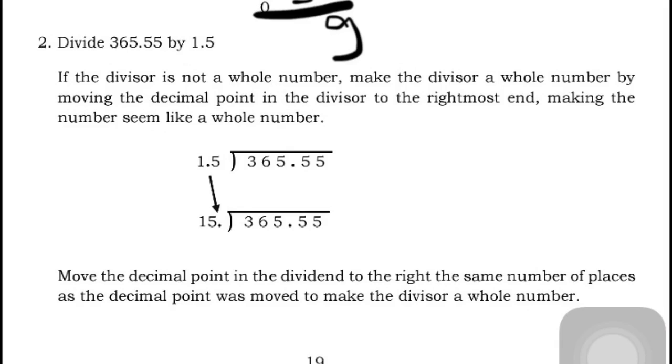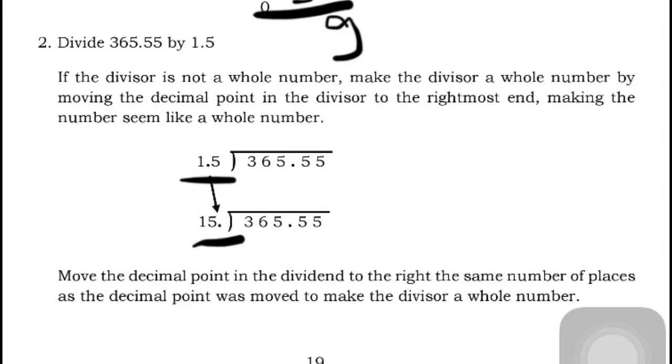Then number 2, divide 365.55 by 1.5. If the divisor is not a whole number, make the divisor a whole number by moving the decimal point in the divisor to the rightmost end, making numbers seem like a whole number. So in here, 1.5 became 15.